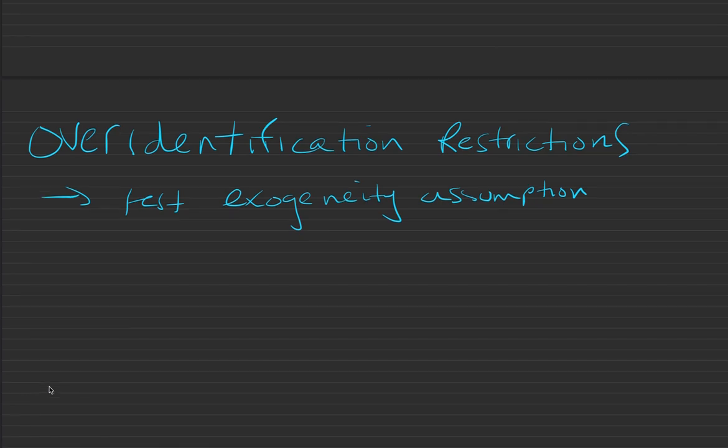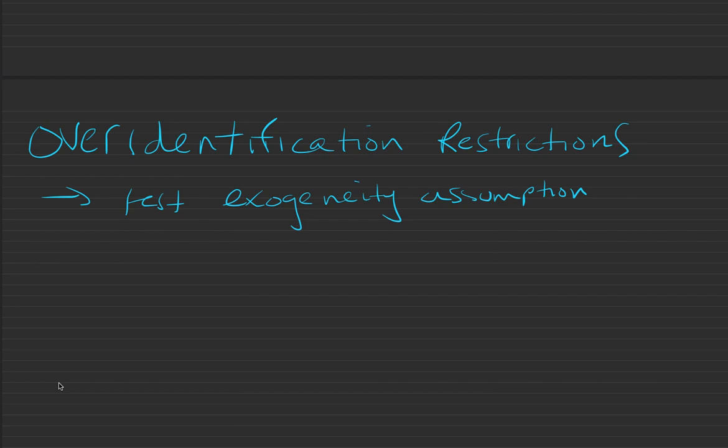In this video we're going to discuss over-identification restrictions for testing the instrumental variable's exogeneity assumption, that is, the assumption that the excluded instruments are uncorrelated with the error in the structural equation.